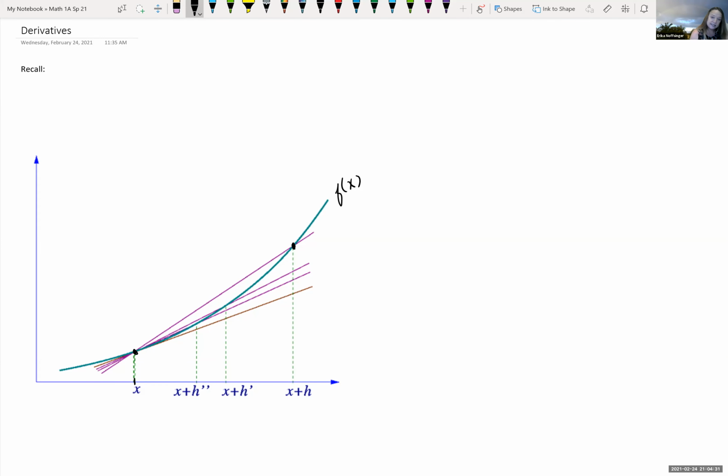And notice as this h value, again, is going closer and closer to 0, of this function f of x, and this is maybe x equals a.